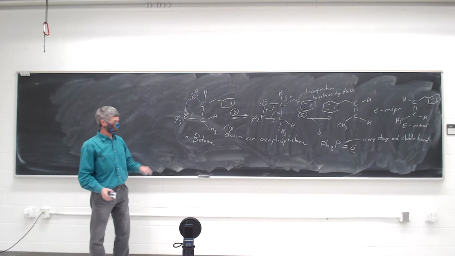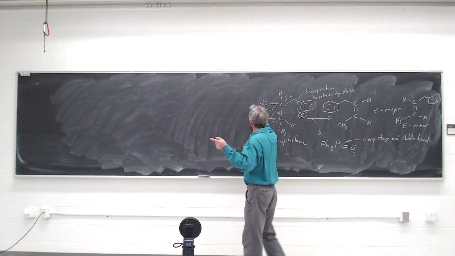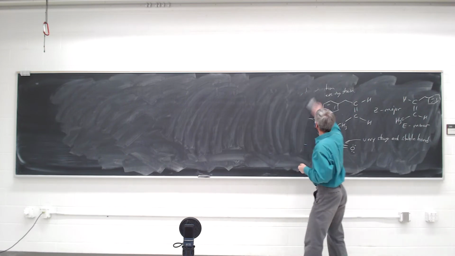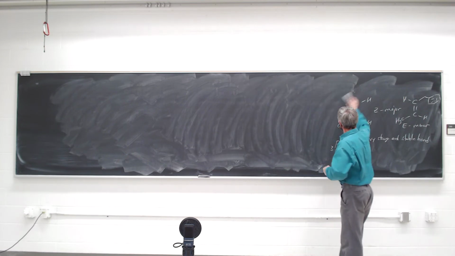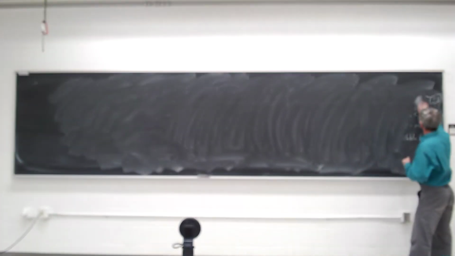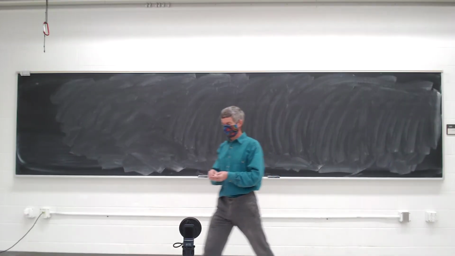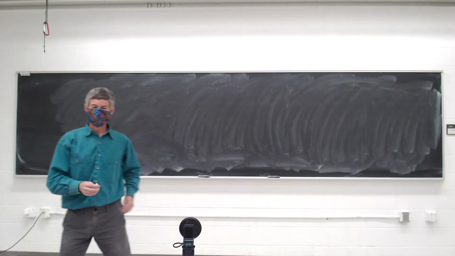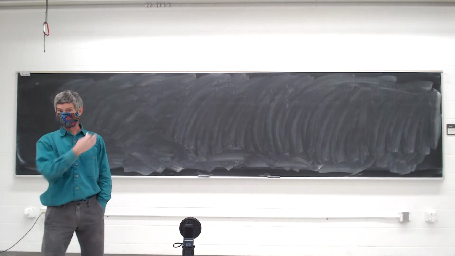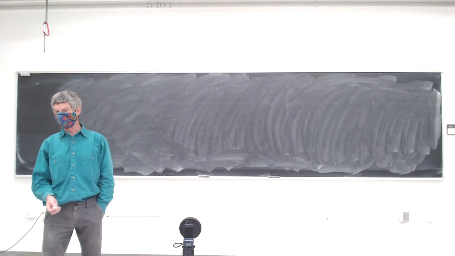Questions on the Wittig mechanism? What are the chances that at some point you're going to have to reproduce either the Wittig or the Horner-Emmons mechanism on a quiz? If you were a gambler and had to put money on the Wittig mechanism or the Horner-Emmons, which is what I'm going to show next, appearing on a quiz sometime, how much would you bet?